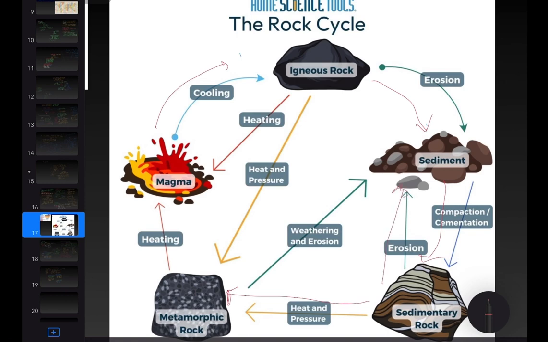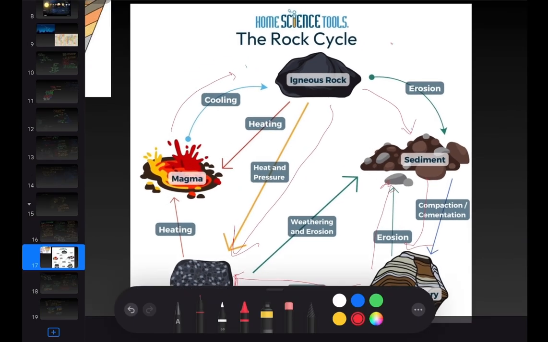This metamorphic rock can turn into magma if it is buried in the interior of the earth and gets melted. So it can turn into magma or into sedimentary rocks. The igneous rocks can also directly turn into metamorphic rocks because of the change in heat and pressure conditions. So this is our cycle. There's no fixed order that after igneous, sedimentary is formed, then after sedimentary, metamorphic.